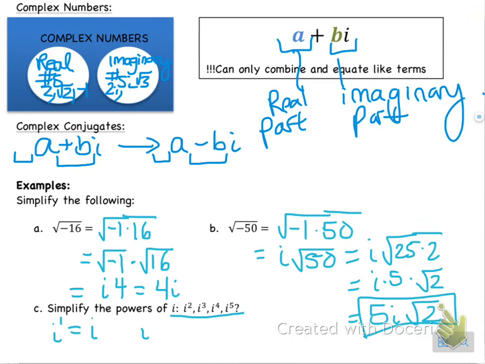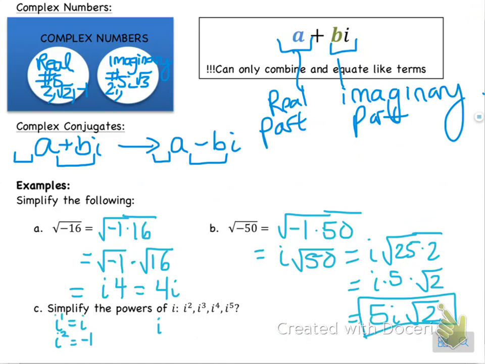Now i squared is i times i, and remember that i is the square root of negative 1. So i squared is the square root of negative 1, squared. Square roots and squares cancel each other out, so I'm just left with negative 1. So i squared equals negative 1.